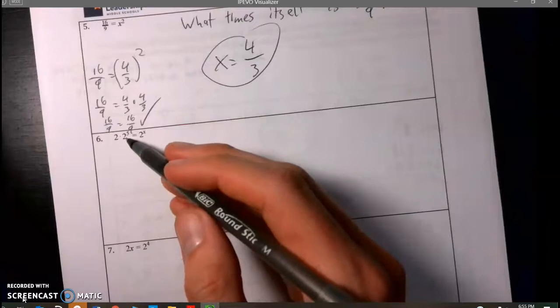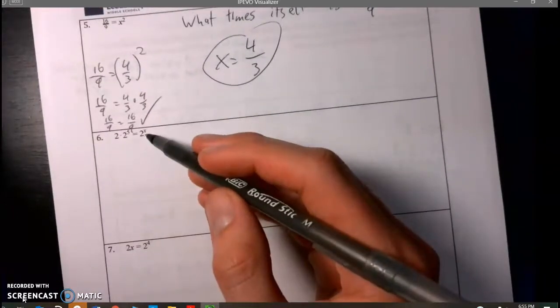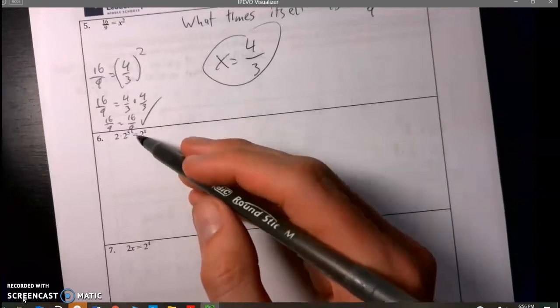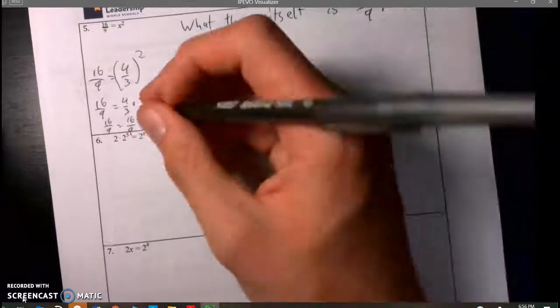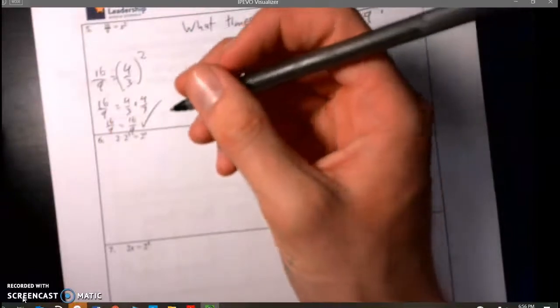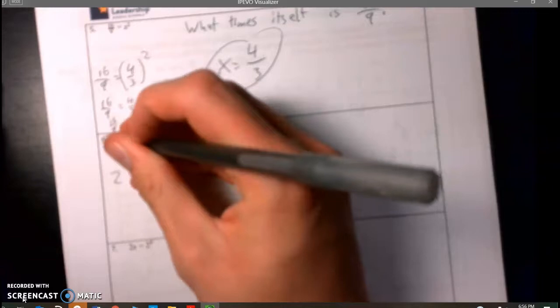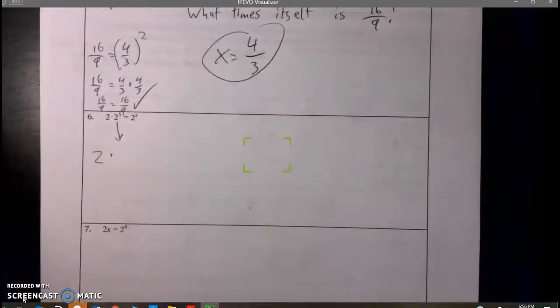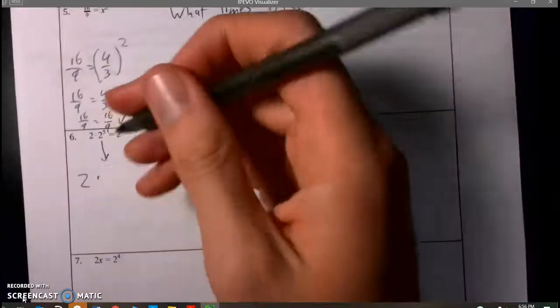2 times 2 to the 5th power equals 2 to the what power? Okay. So we already know that for this one, let's do this one a little bit different. Okay, so we already have this 1, 2, the one out in front, and then we're going to take that exponent to the second one, the 2 to the 5th, and we're going to write that in expanded form.